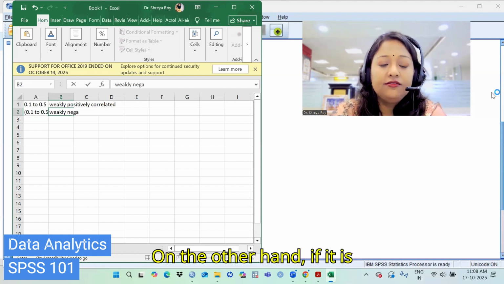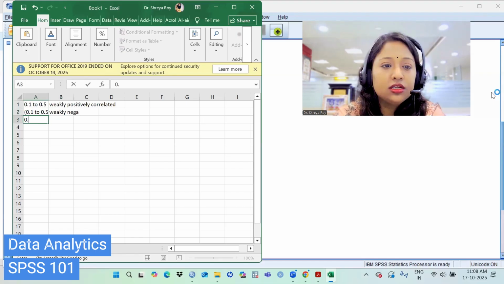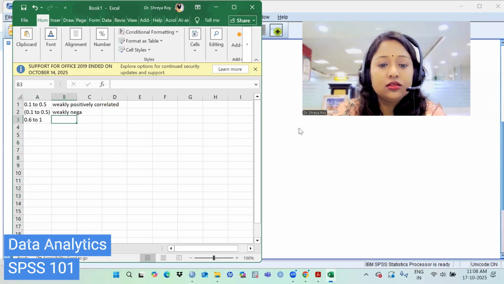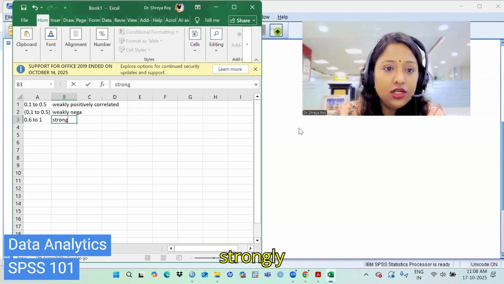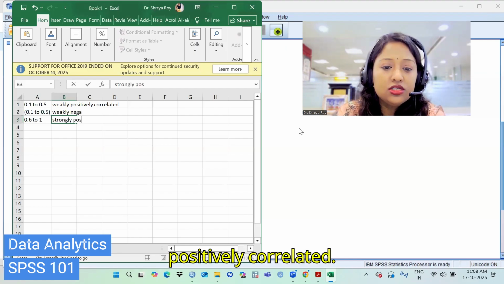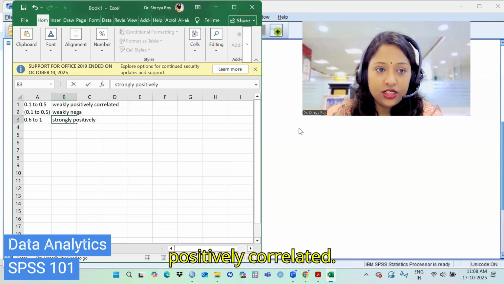On the other hand, if it is 0.6 to 1, we say strongly positively correlated.